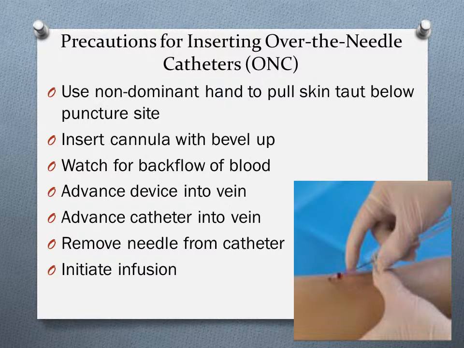When you're using the over-the-needle catheter, make sure that you inspect the catheter or the needle and the catheter for possible defects. Always pull the skin taut to help stabilize the skin and prevent that phenomenon that is defined as a rolling vein. Many patients will tell you when you get ready to stick them, oh, my veins just roll terribly.